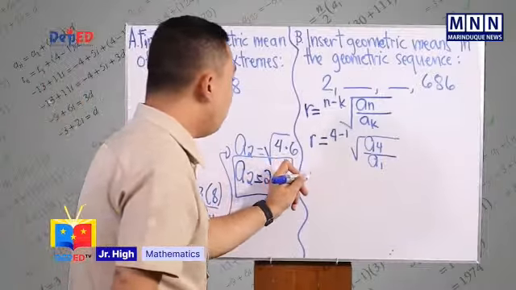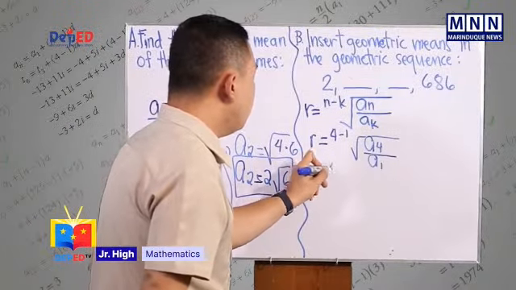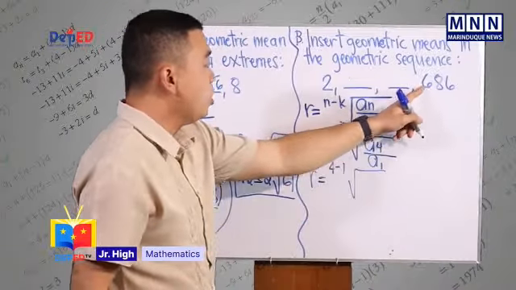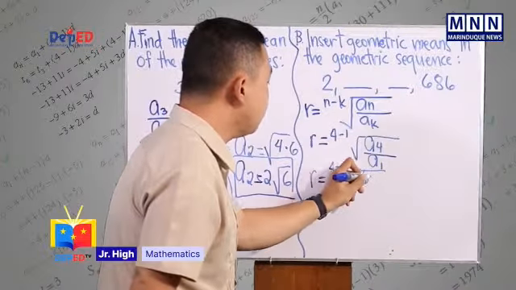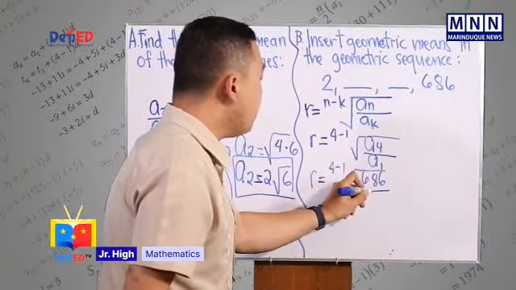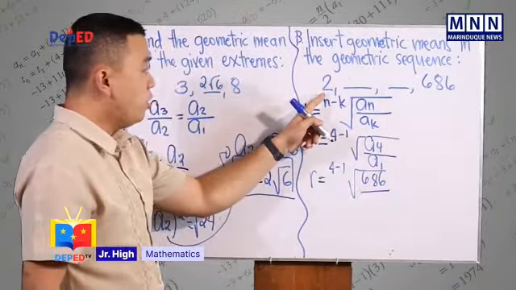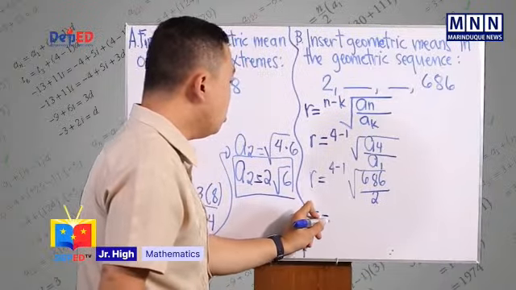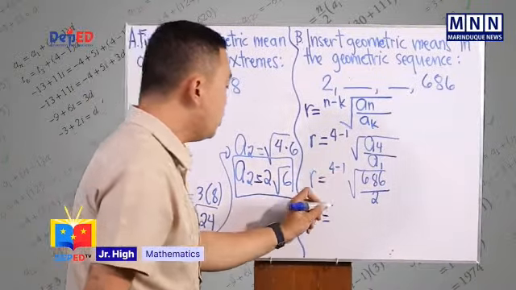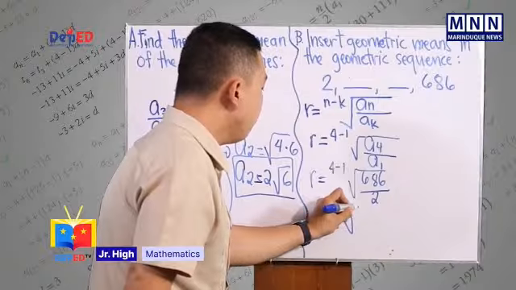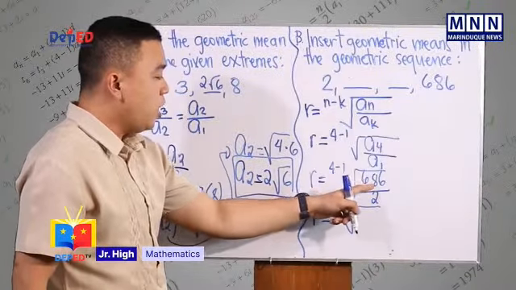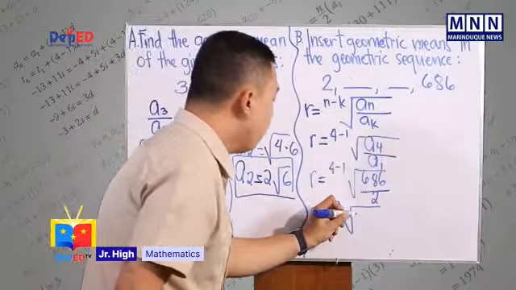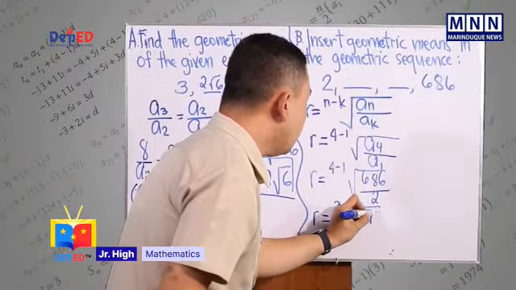Next, we will have r is equal to 4 minus 1, and the root of a sub 4, our fourth term, is 686, divided by our a sub 1, or the first term, which is 2. Moving on, we have r is equal to 4 minus 1 is 3, and 686 divided by 2 will give us 343.